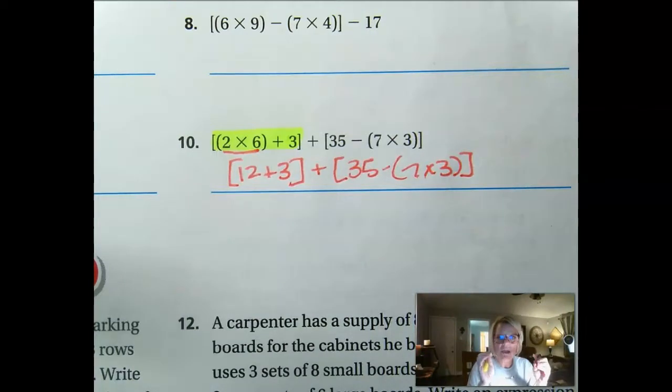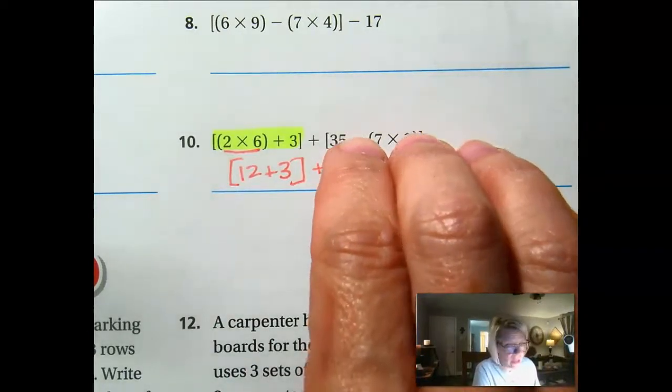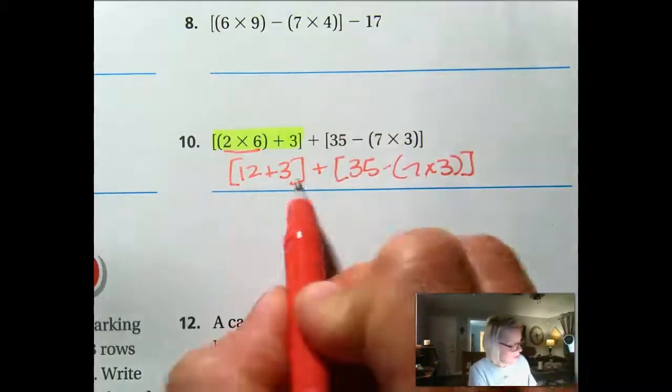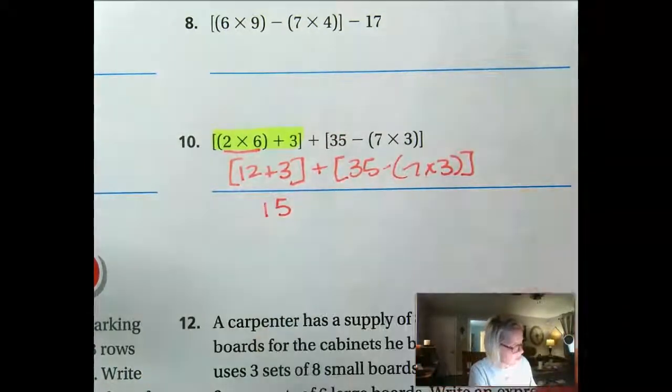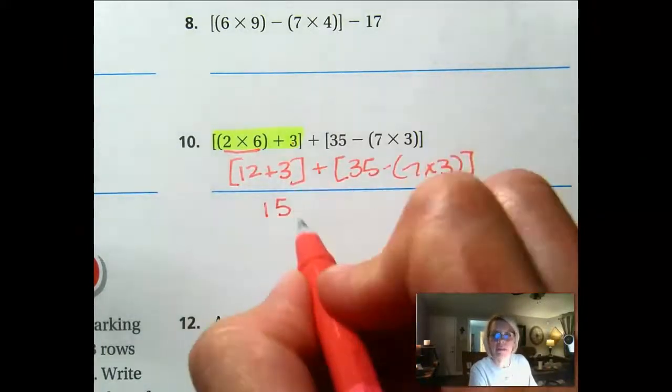I'm just for now telling you to go ahead and simplify one part of it first. It is up to you. You come out with the same answer if you follow the rules and keep everything in the same exact order. You have to. Okay, so 12 plus 3 is 15. So we have this side simplified down to one numeral, which is great.